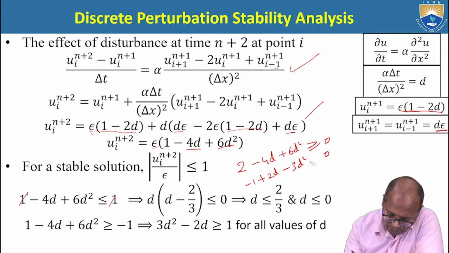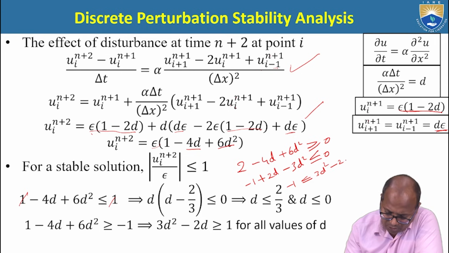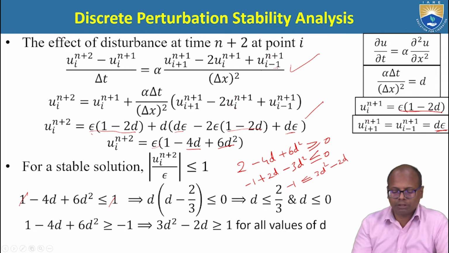And what happens to this sign? It will become less than or equal to 0. Now I am bringing these two terms this side. So it will be minus 1 less than or equal to 3d square minus 2d. So like this it will become.